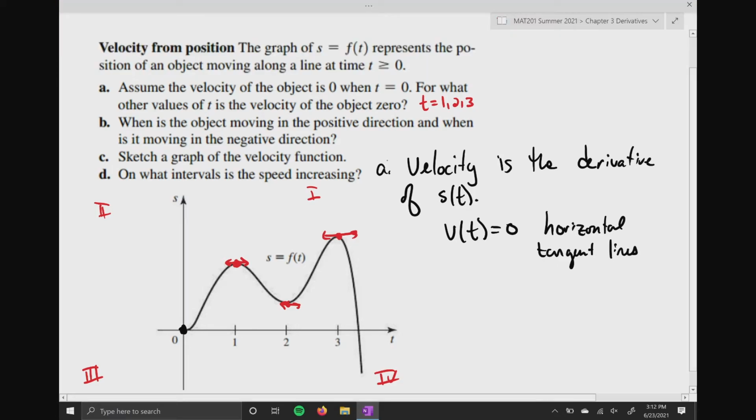So let me go ahead and write that here. So that's part A. Part B, the object is moving in the positive direction. It would be great if I could spell.